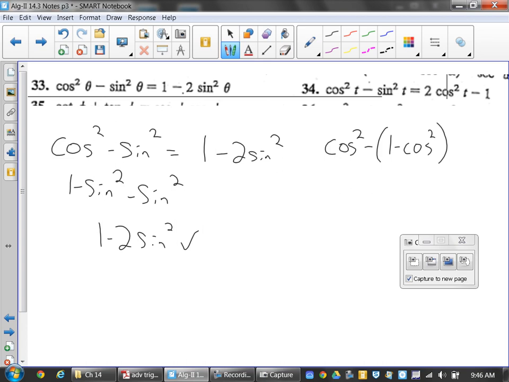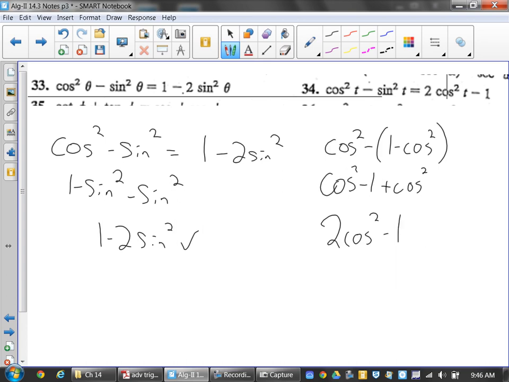And what you have to be careful here is to distribute the negative. And you get cosine squared minus 1 plus cosine squared, and that's where you get your 2 cosine squareds. And it works. Okay.